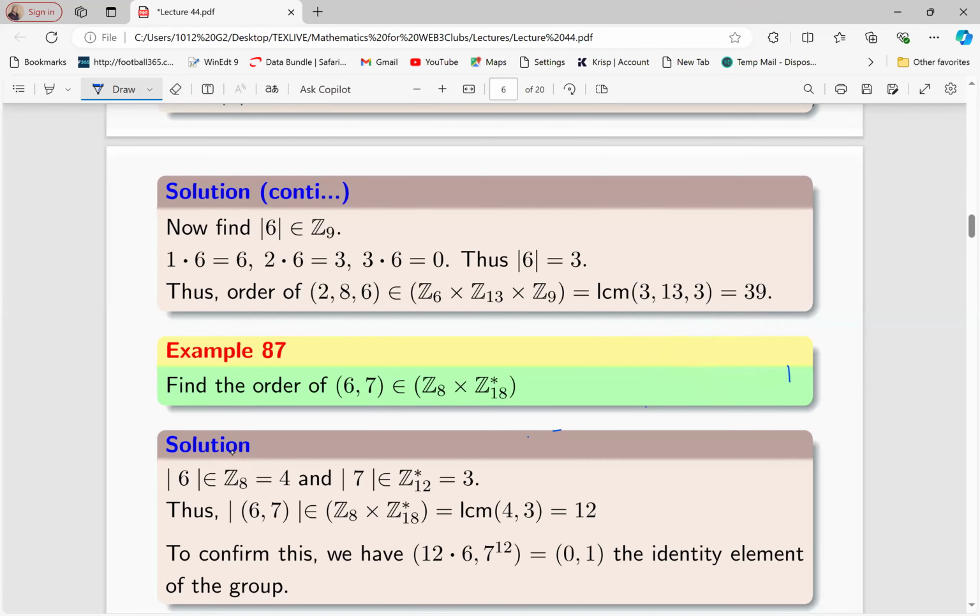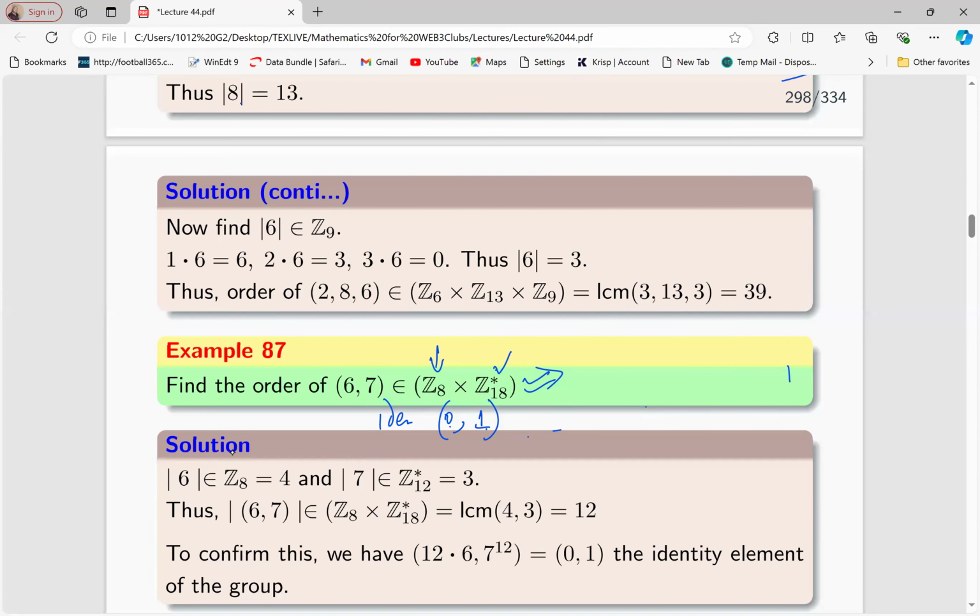The first group here is an additive group, so its identity is 0. And the second group here is multiplicative, and its identity is 1. So the identity of this group, therefore, is (0, 1). So what is the order of this element?